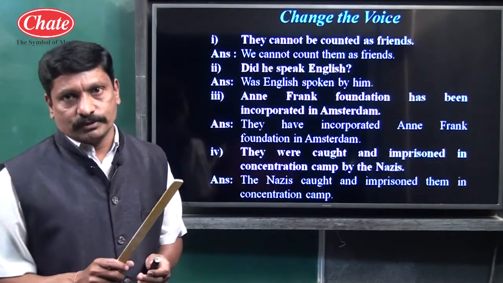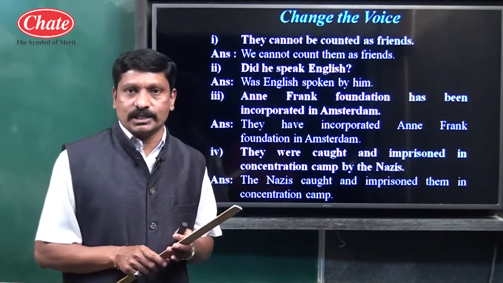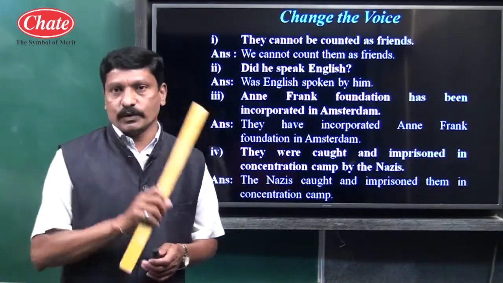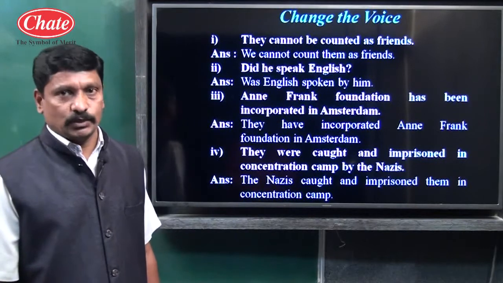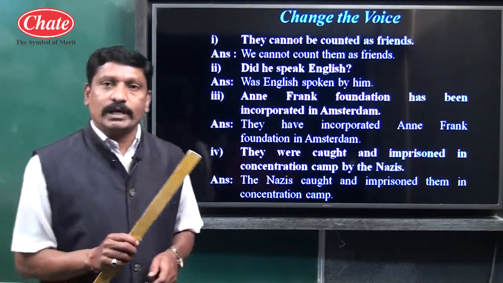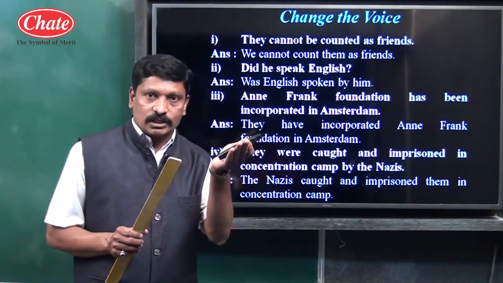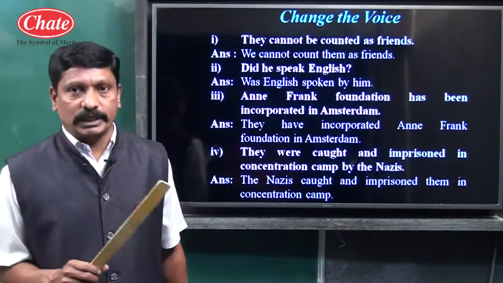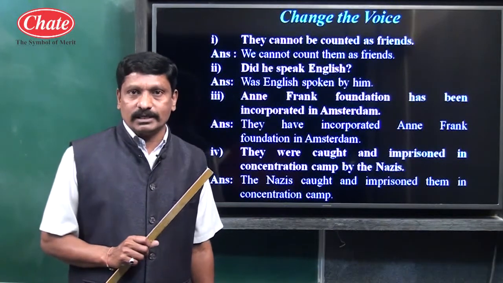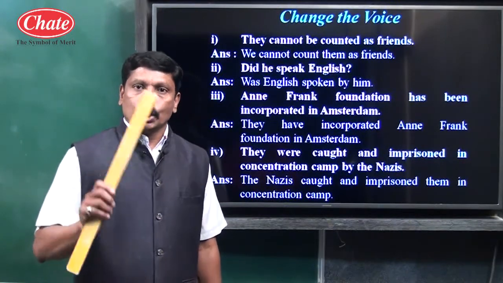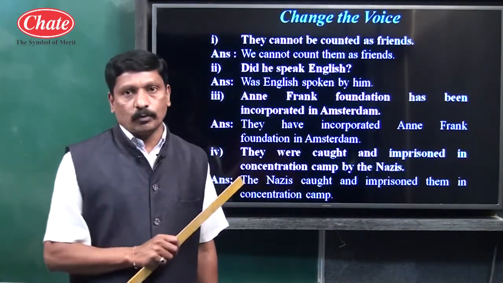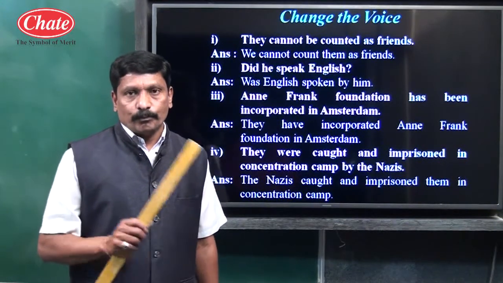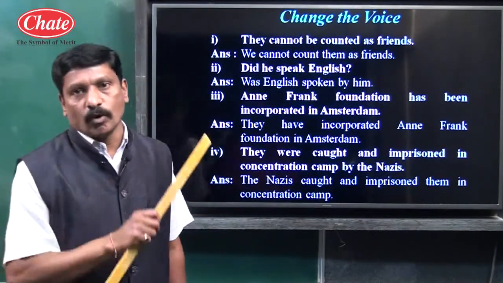Change the voice. There are two types of structures. One is the active voice structure, the second is the passive voice structure. In active voice, we come across the structure of subject first, then verb, then an object. And in passive voice, we come across to be plus third form of verb: be, been, being plus third form of verb.